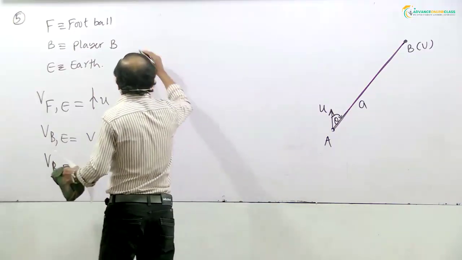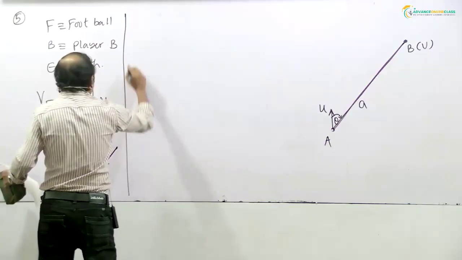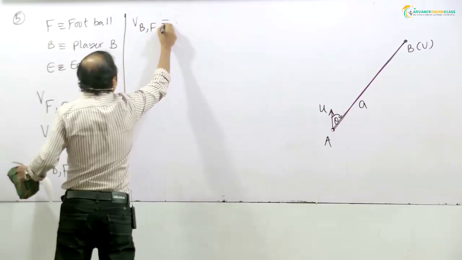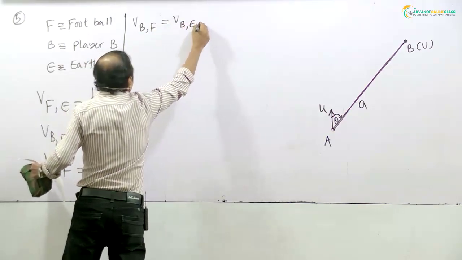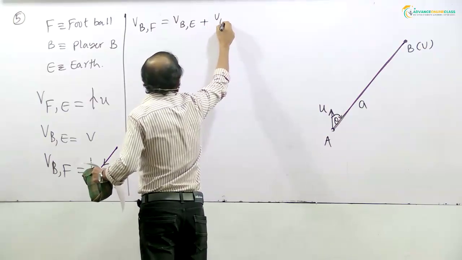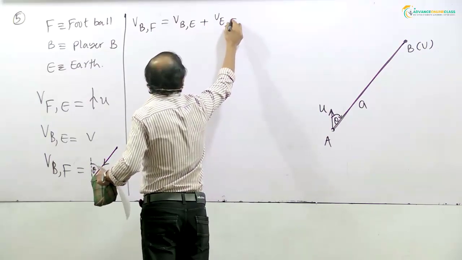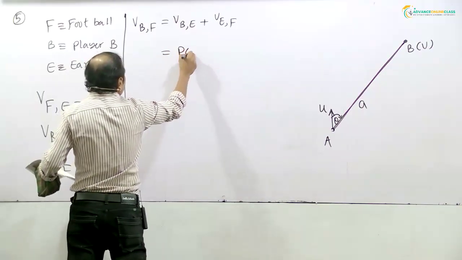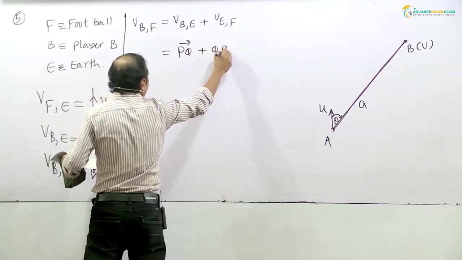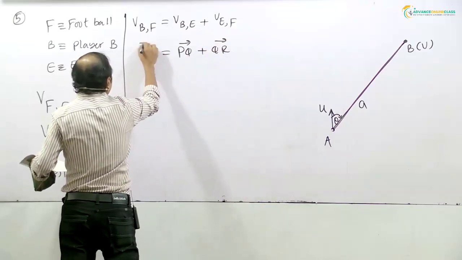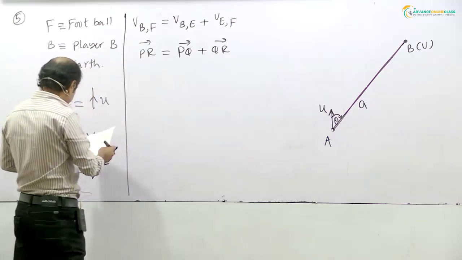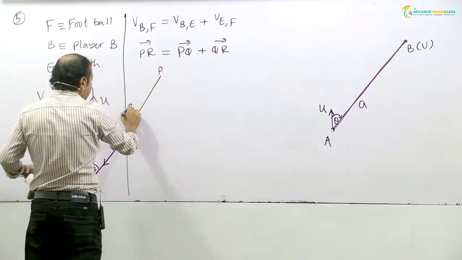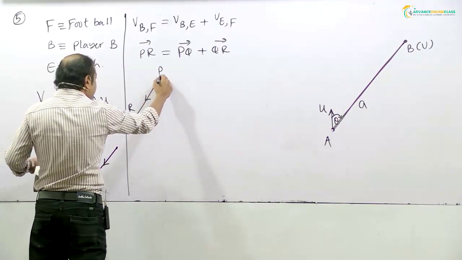Now we can write VBF, it is VBE plus VEF. This vector PQ, this vector QR, this vector PR. PR vector is this now. P here, R here. This angle is theta.